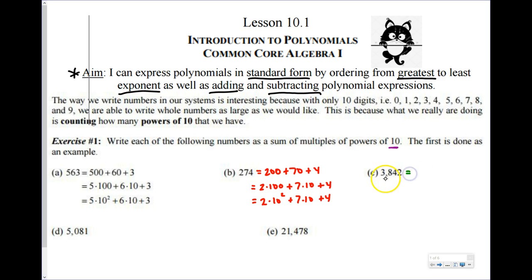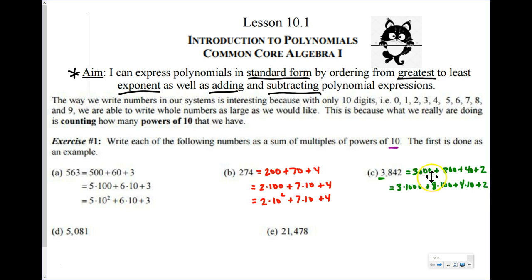Let's take a look at letter C. C now has an additional column, the thousands column, right? So this is really like saying 3,000 plus 800 plus 40 plus 2. So when I rewrite this, I'm going to say, well, this is really like 3 times 1,000 plus 8 times 100 plus 4 times 10 plus 2.